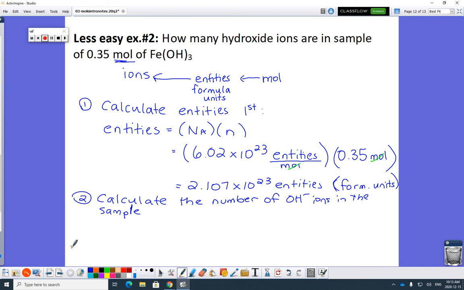So again, if you forget what hydroxide is, you're always going to get the same periodic table. Go look it up, even just as a security blanket for yourself, okay?